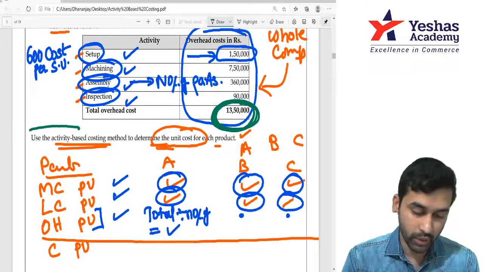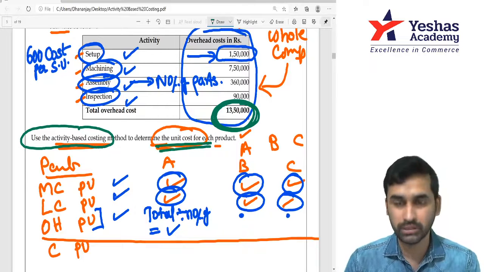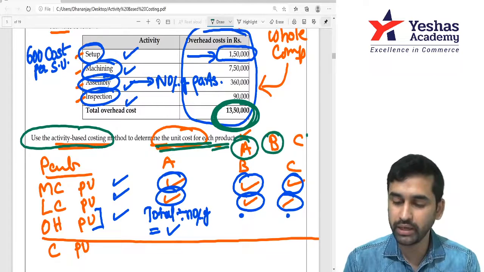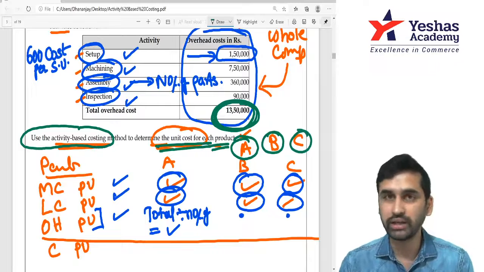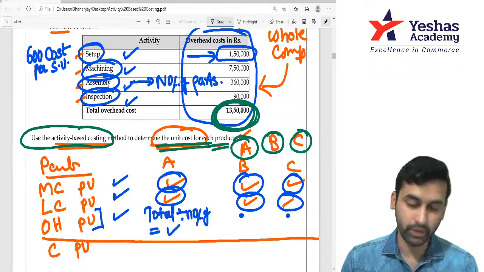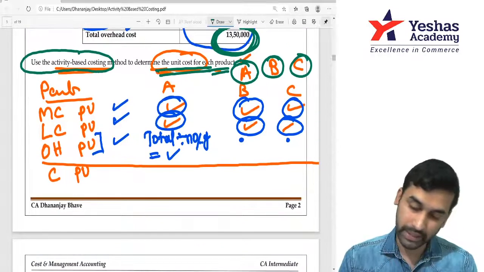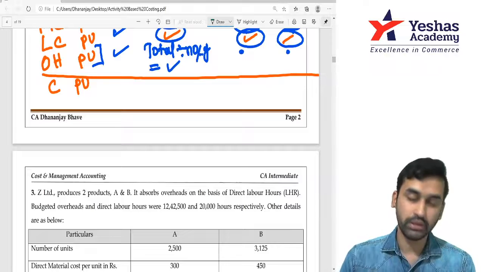You see here, using the activity based costing, calculate the unit cost, means cost per unit for each product A, B and C, and that is what we have done in our answer. That means with this we have completed the solution. Got it? Right. Next, question number 3.